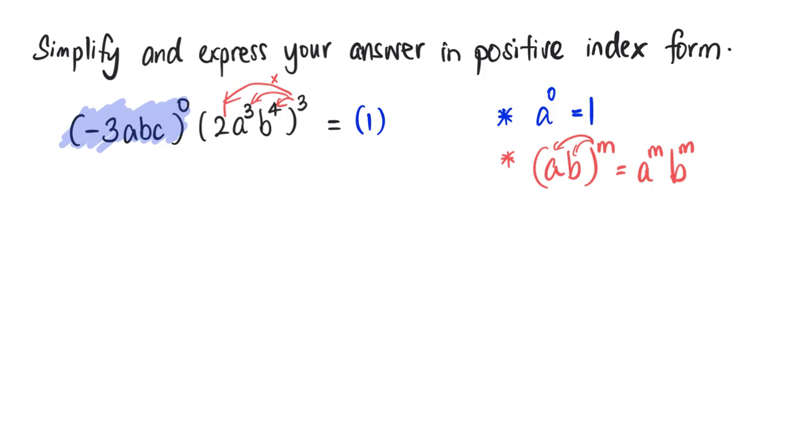Okay, so this one will become 2 power 3, a power 9, b power 12, and therefore for the final answer, 2 power 3 would be 2 times 2 times 2, 8, and the a power 9, b power 12, and that will be the final answer to this question.